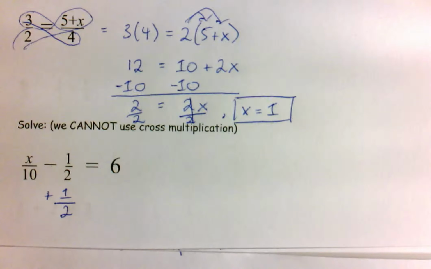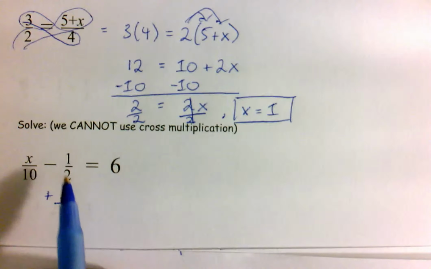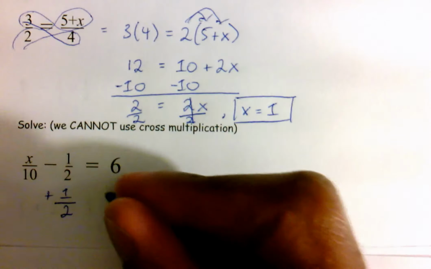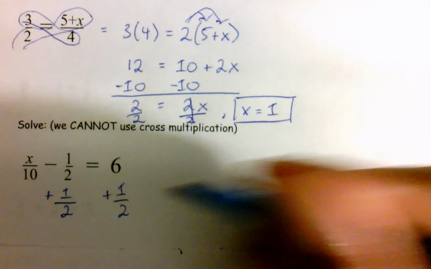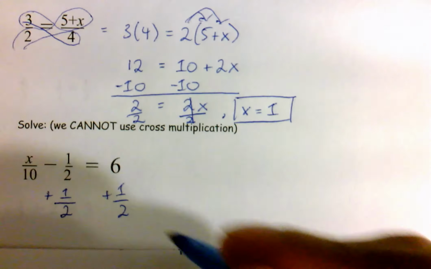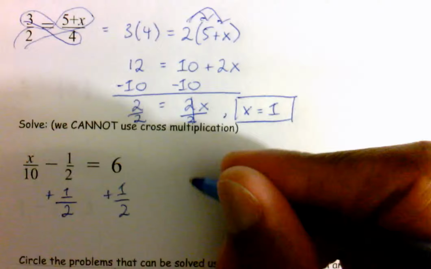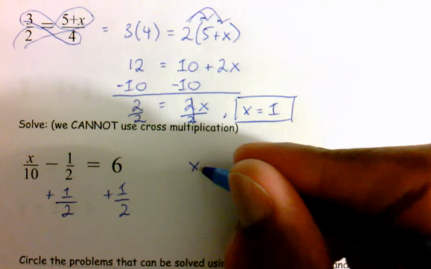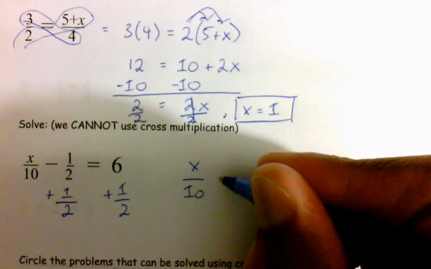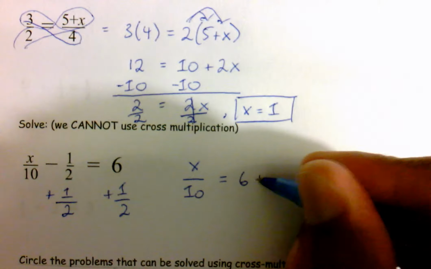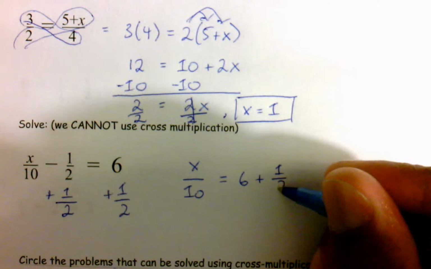This is also a number. So if I add 1 half to both sides, that leaves me with, on the left, x over 10, and that's going to be equal to 6 plus 1 half.